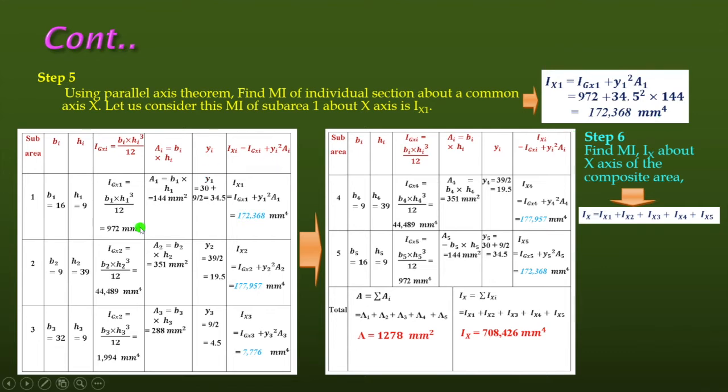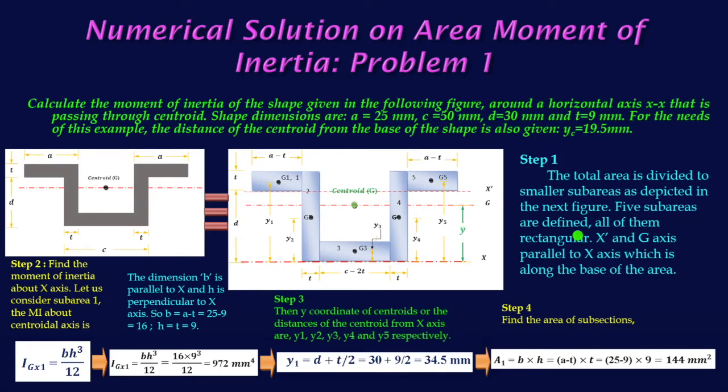Similarly, for sections 2, 3, 4 and 5, we will calculate the values of Ix2, Ix3, Ix4 and Ix5. Now again go back there.